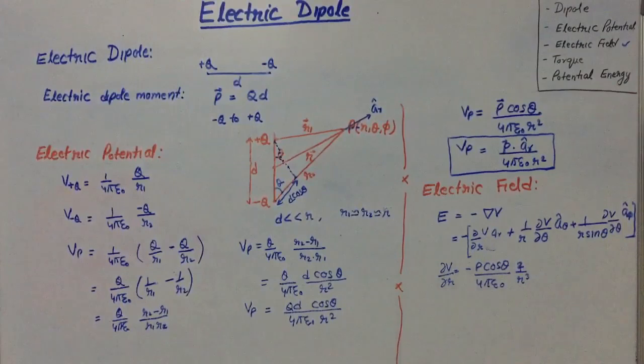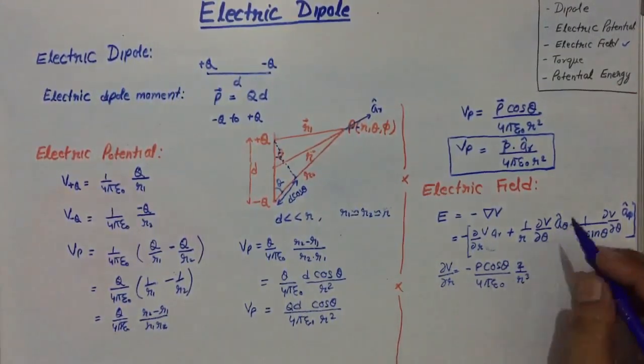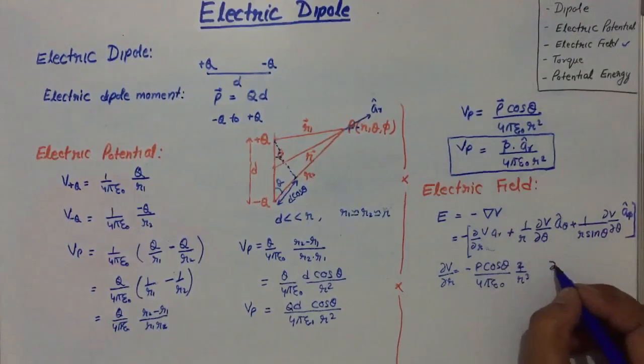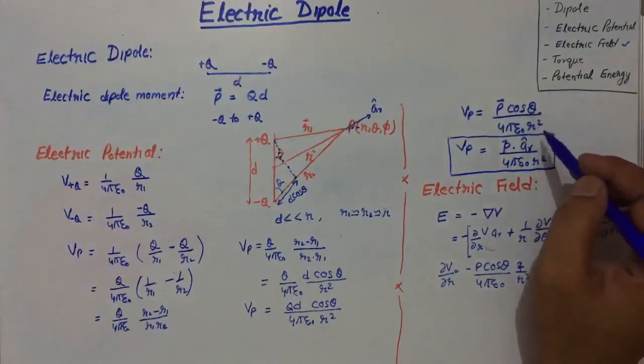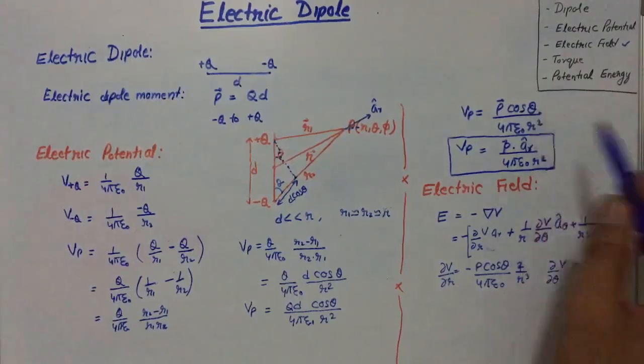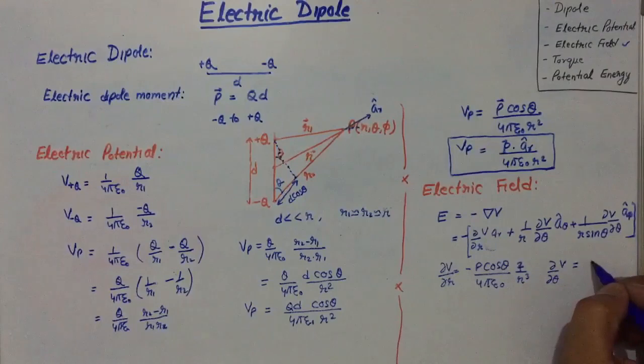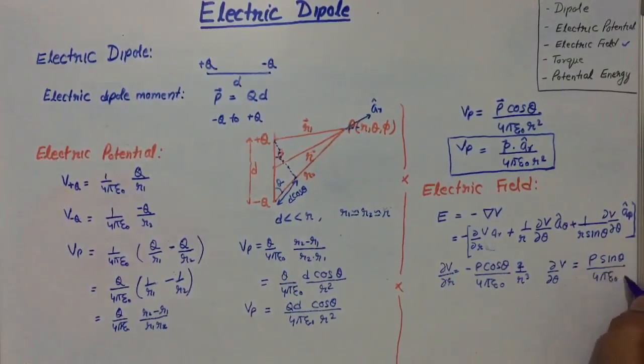So that is dV over dr. Now similarly, if we differentiate with respect to theta, because there are two variables only, r and theta, in p, then we can find p sin theta divided by 4 pi epsilon naught r square.